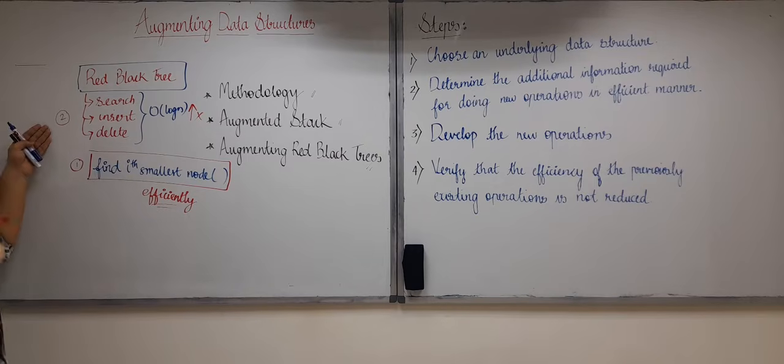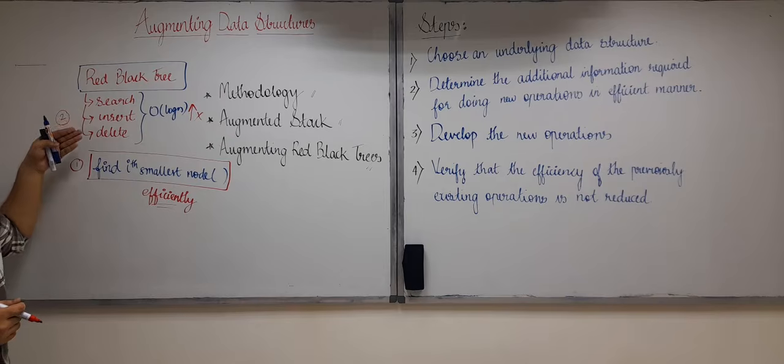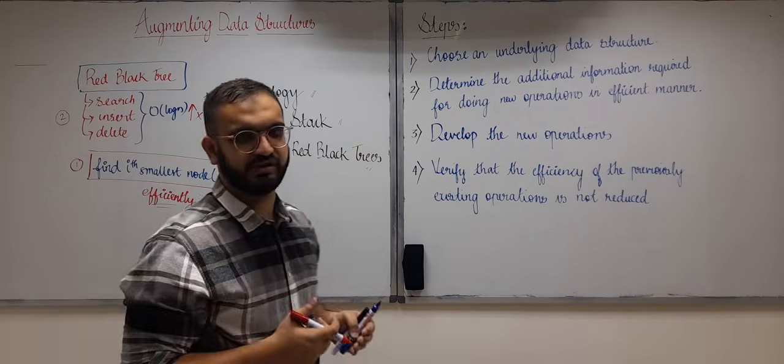And the second objective is that the efficiency of your already existing operations, like in this case search, insert and delete, should not go down, should not decrease, right? And for that you need to modify the data structure, you need to add some extra information in the data structure, and this process is known as augmenting data structures, right?